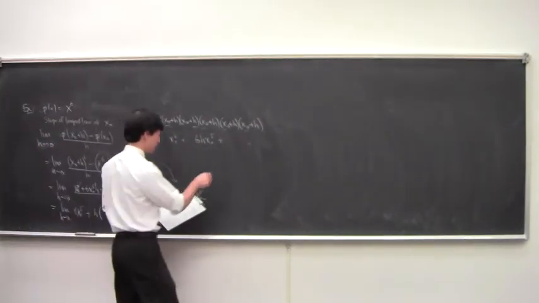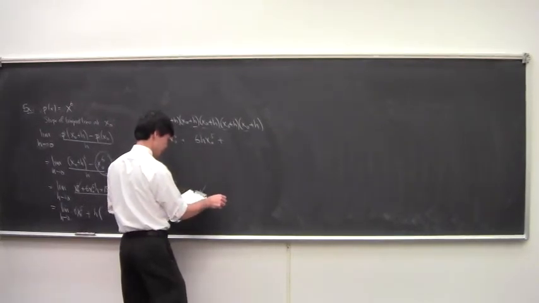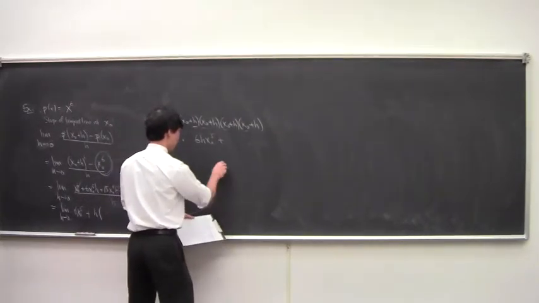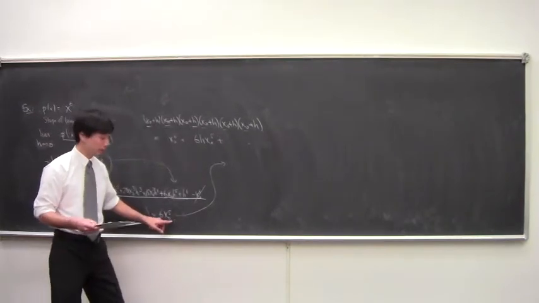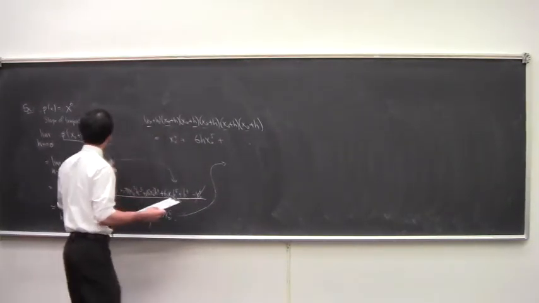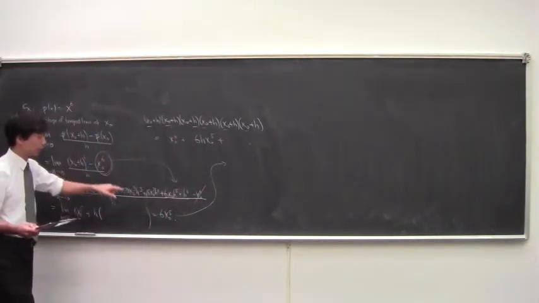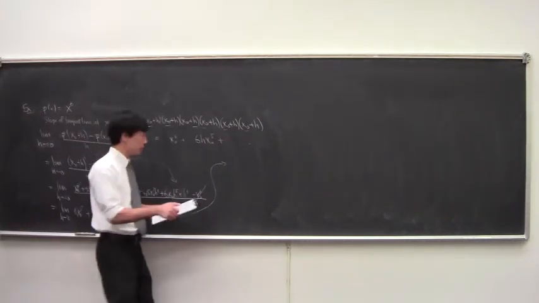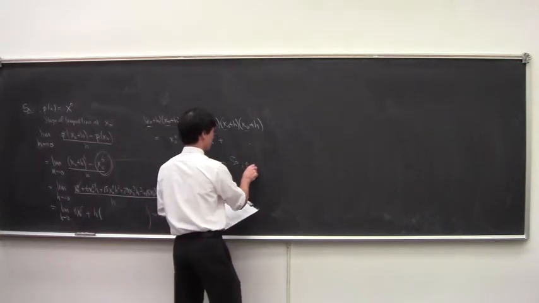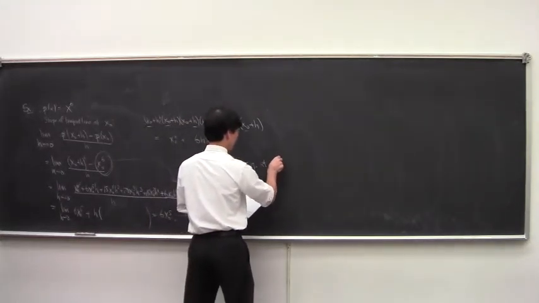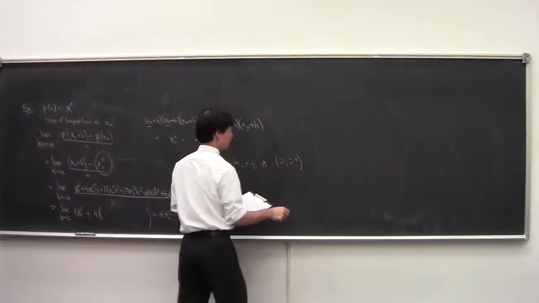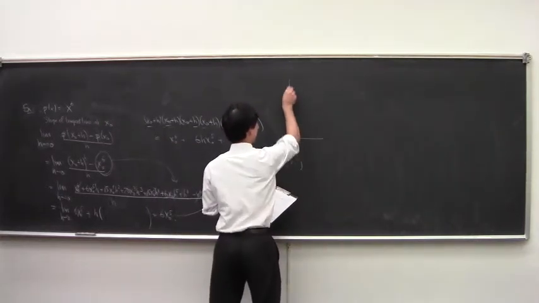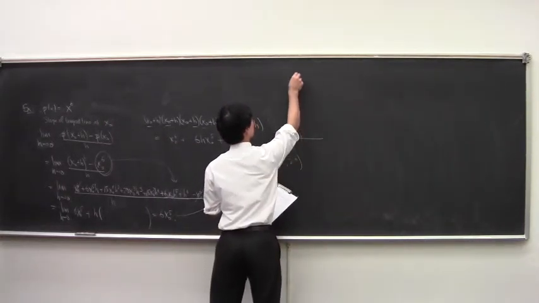So let's use this for something. Here we know that the slope of the tangent line to x to the 6th power at x naught is 6 x naught to the 5th. So for example, at the point 2, 2 to the 6th, this is a point on the graph. Here's 2 and then 2 to the 6th.